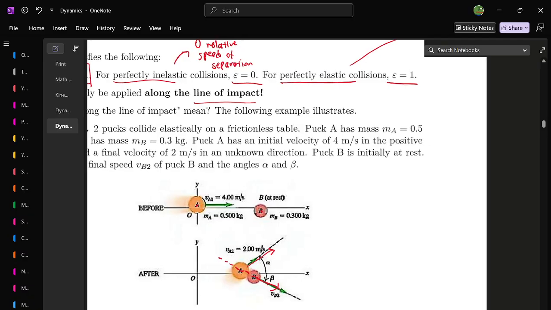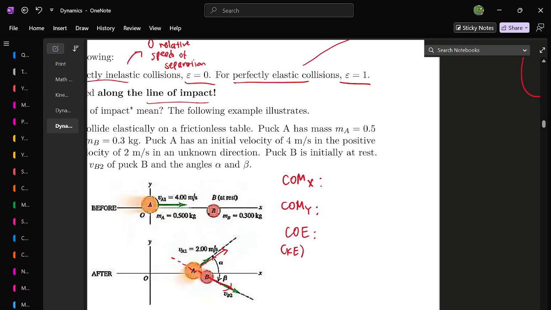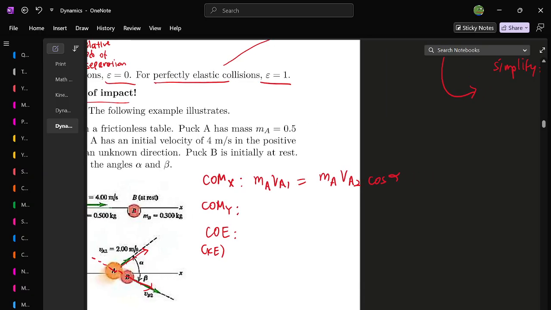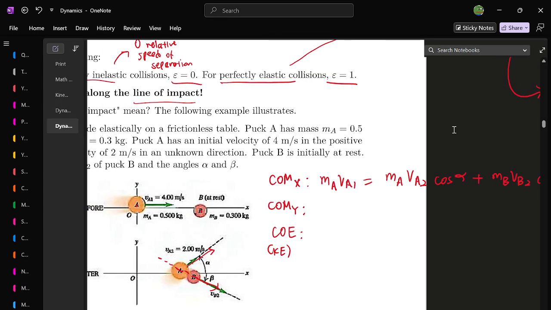Of course this looks like a standard question, and you can solve it in a standard manner. You write COM along the x-axis, COM along the y-axis, and then COE for your kinetic energy.